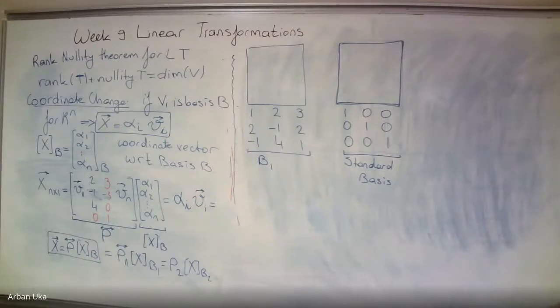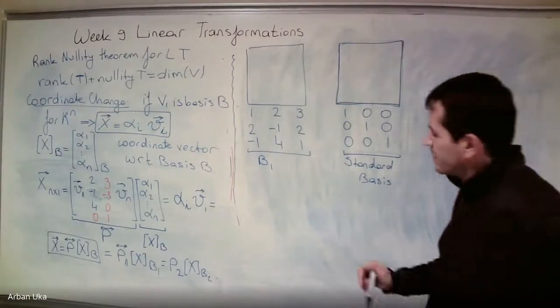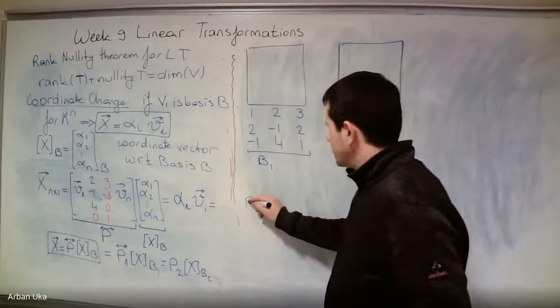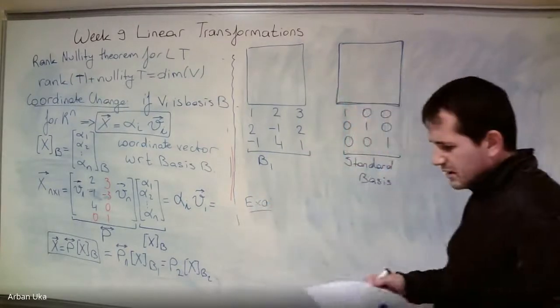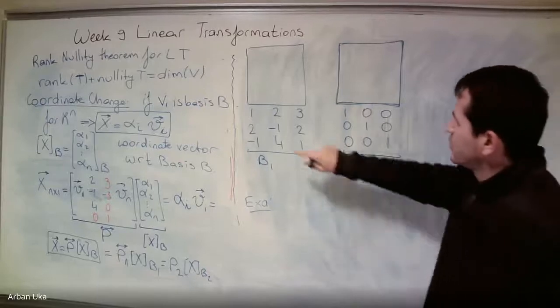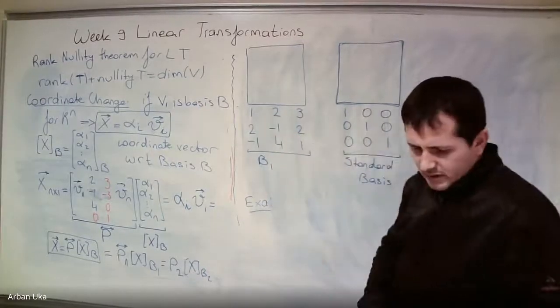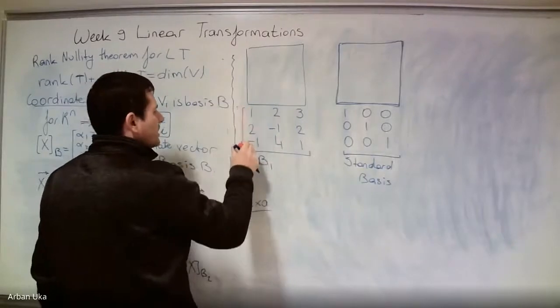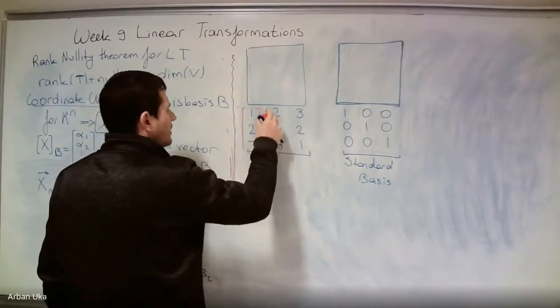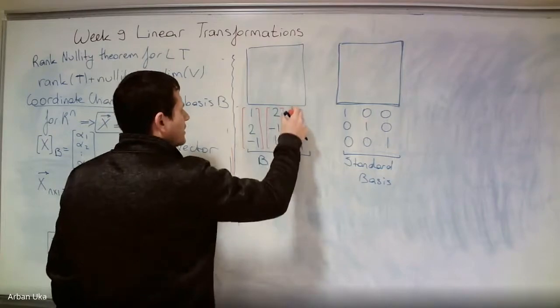Now, it is best if we represent this one with an example, because then everything will become clear. So let's assume, in an example, that we have a basis which looks like this: 1, 2, minus 1, and they're going to look like a matrix, but as a reminder, we have to think of these as columns.